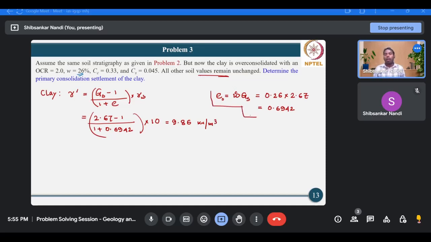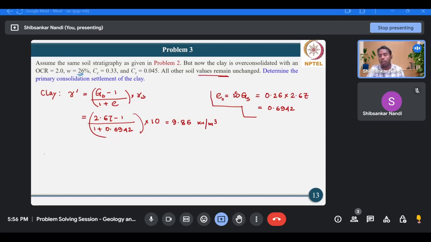Okay. Now, for this problem, since the soil is basically over consolidated now with an OCR, the primary job is to calculate the maximum past effective overburden pressure, which is defined as the pre-consolidation pressure. So pre-consolidation pressure you need to calculate first.